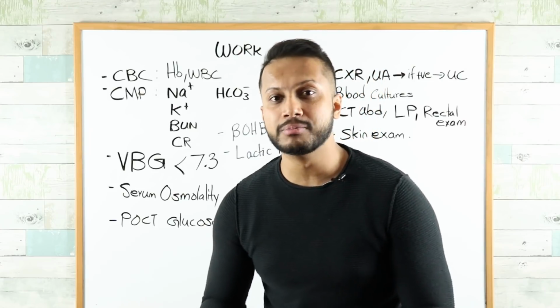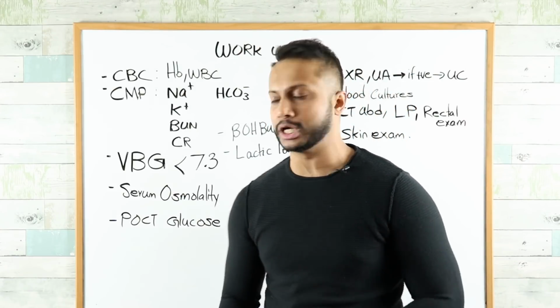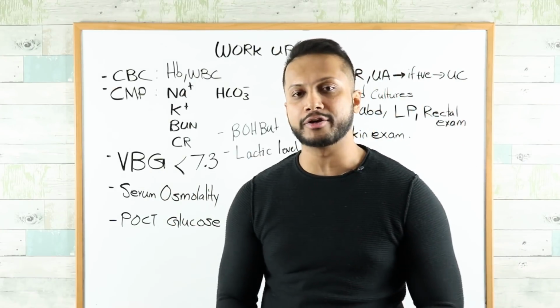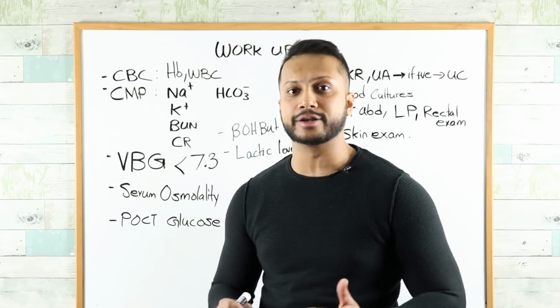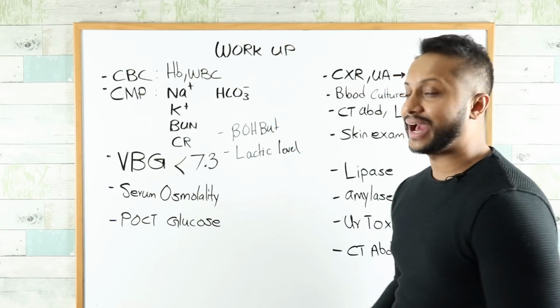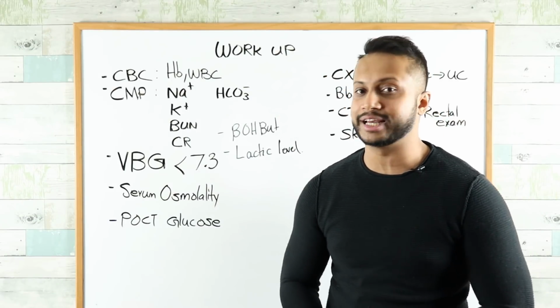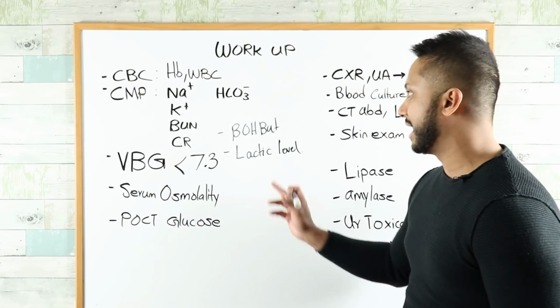So VBG becomes so crucially important because it is what is going to be diagnosing your patient with DKA. And obviously you'll find out your beta hydroxybutyrate levels are going to be elevated, and it's also required for diagnosing DKA. Lactic acid levels will be elevated in both DKA and HHS for the same reasons I explained to you before. So it is important for us to check those levels as well.